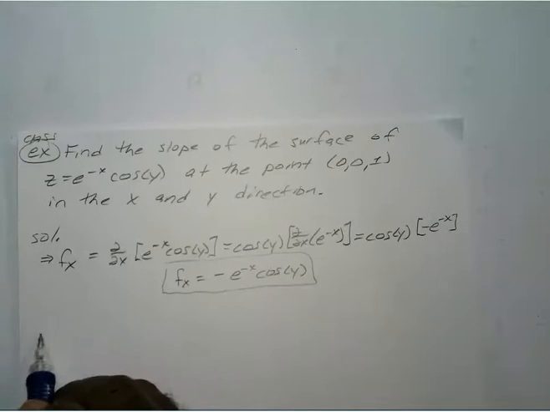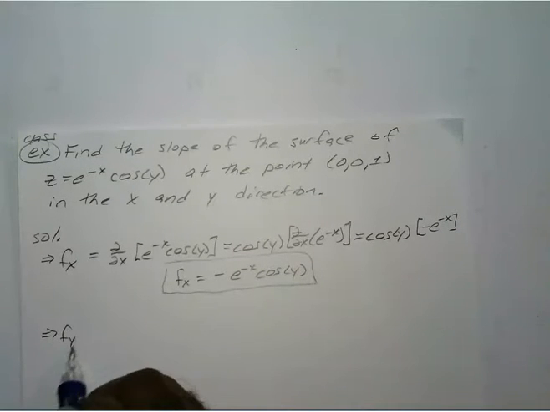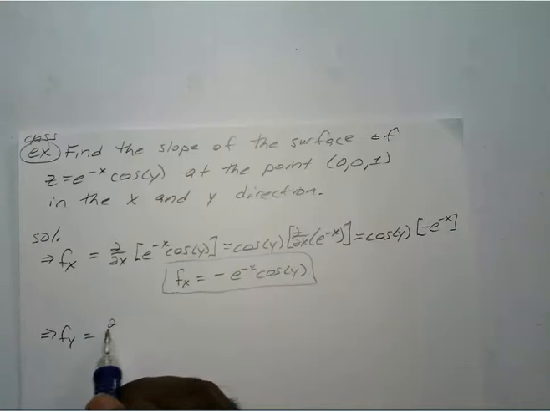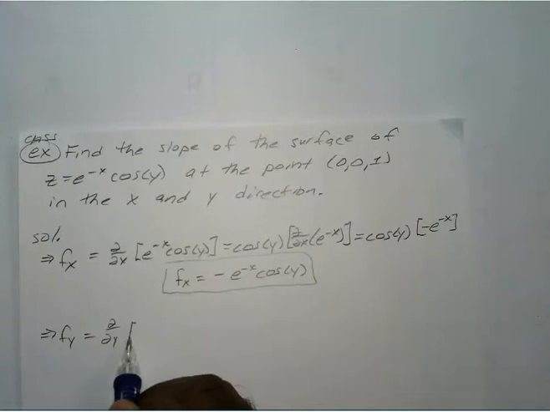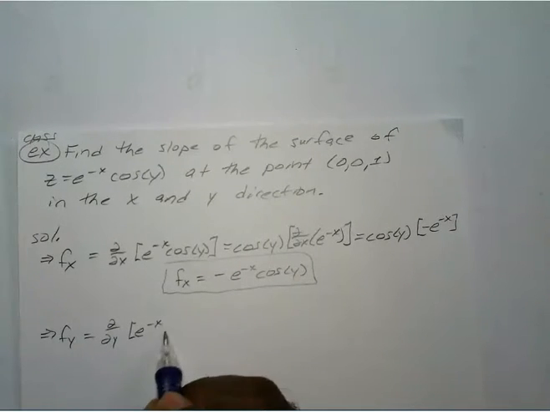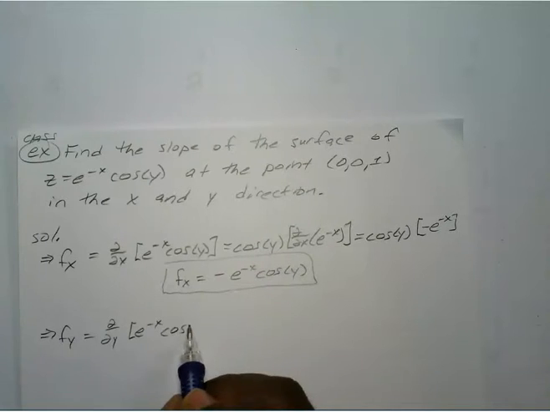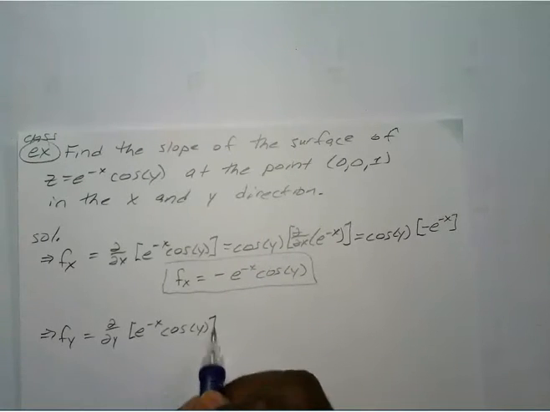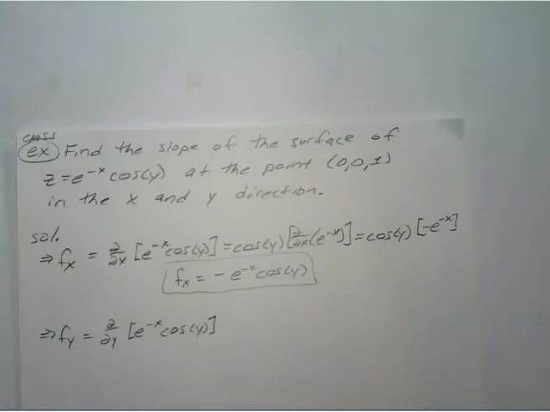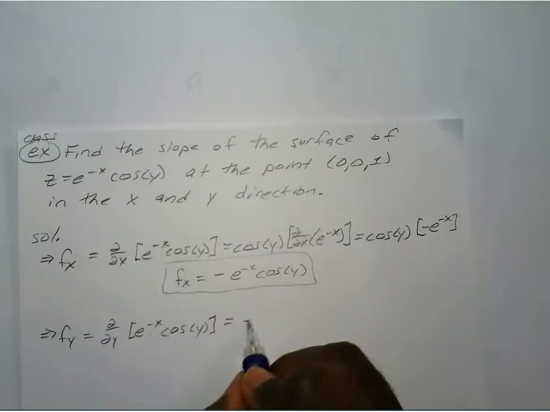Okay, now our partial with respect to y is just the partial with respect to y of e to the negative x cosine of y. Okay. Now because we're finding the derivative with respect to y, the x factor is considered a constant. So we can just bring that out to the front.